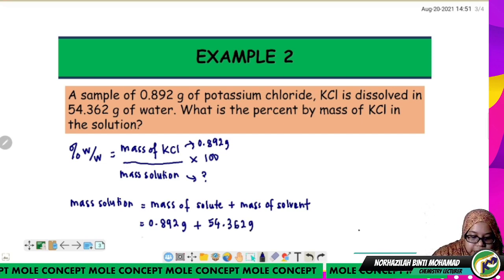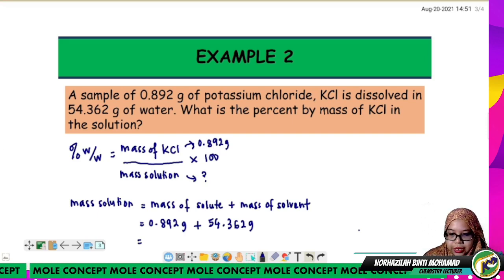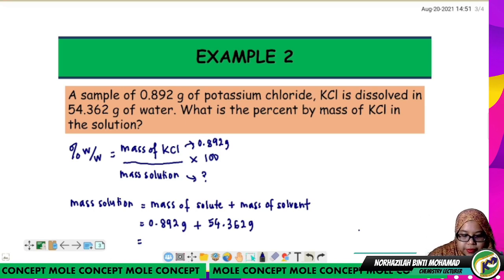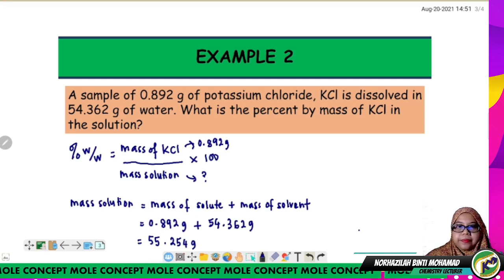So the mass of solution is 0.892 plus 54.362, which equals 55.254 gram.